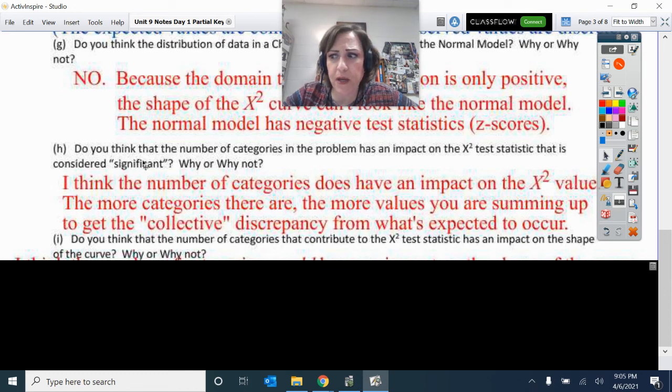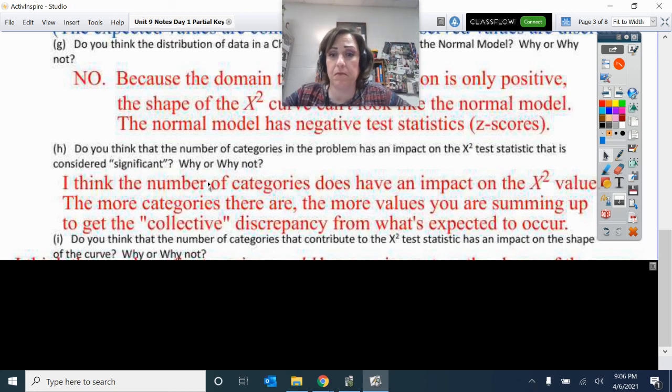I think a whole bunch of people doing bottle cap problems with only 4 categories will have data that is squinched closer together. They're not going to have quite as big chi-squared numbers as those of us who have 6 colors to deal with. If we have 6 colors, we naturally are going to have bigger chi-squared values, so I think our data will be more stretched out than somebody that just has a couple of categories.